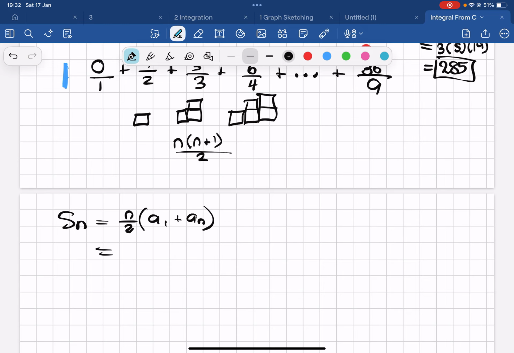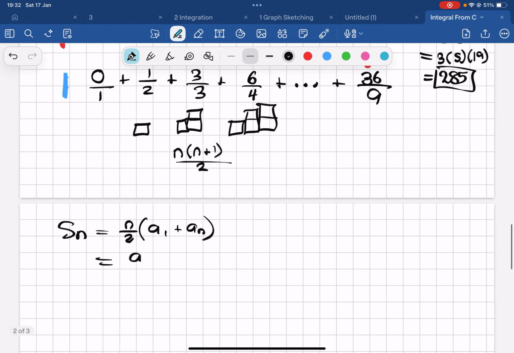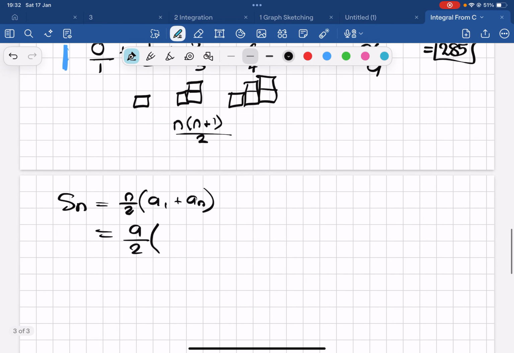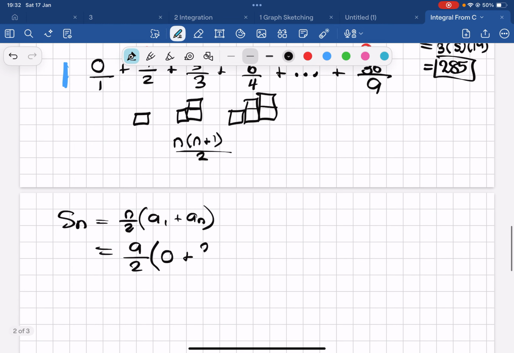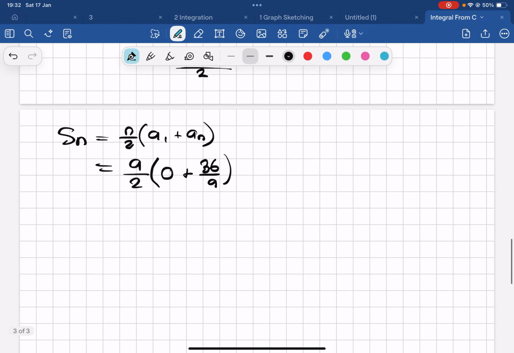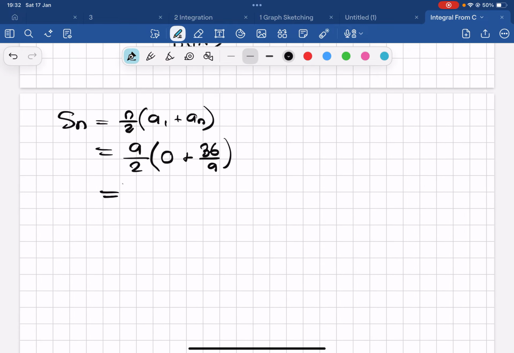So n in this case is 9, so we've got 9 over 2 times 0 plus the last term, 36 over 9, which is just 4. So 9 over 2 times 4 is indeed 18.